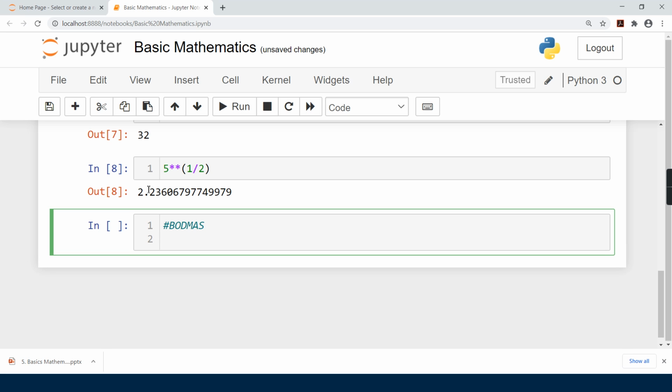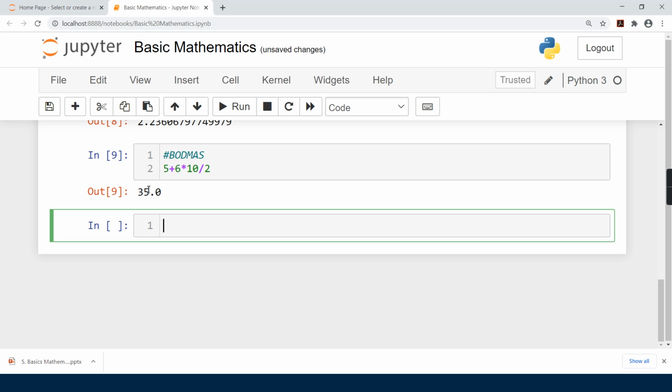So let's say we want to carry out a certain operation. If you simply mention 5 plus 6 multiplied by 10 divided by 2, and if we run this, we get the value of 35. But how did we get the value of 35?